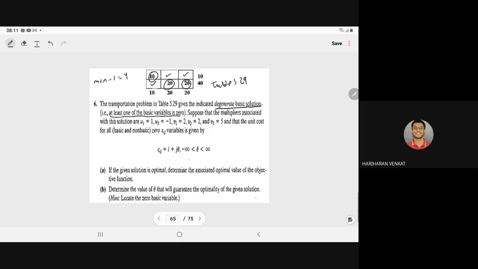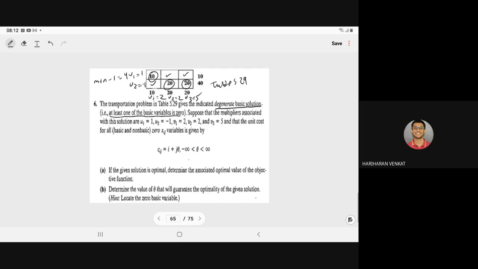Suppose that the multipliers associated with this solution are u1 is equal to 1, u2 is equal to minus 1, v1 is equal to 2, v2 is equal to 2, and v3 is equal to 5, and that the unit cost for all the basic and non-basic xij variables is given by cij is equal to i plus j theta, where theta can take any value from minus infinity to infinity, meaning theta can be any real number.